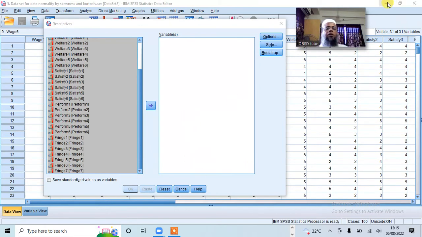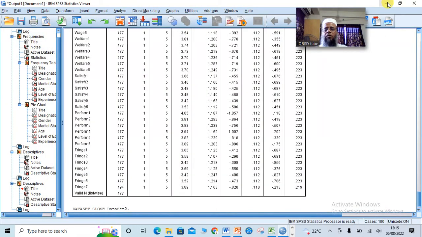I don't know from where I have this problem. You can share your screen, brother. I am using mobile, and for SPSS I am using my laptop. I shared in the group, sir. This is the problem I am facing.